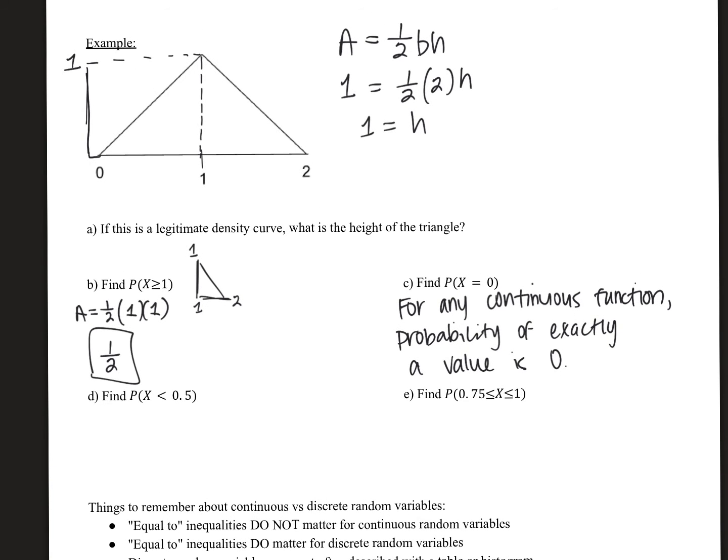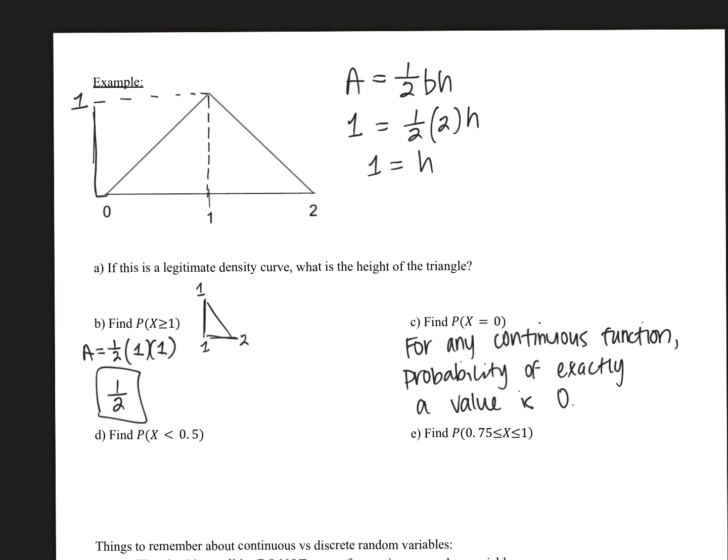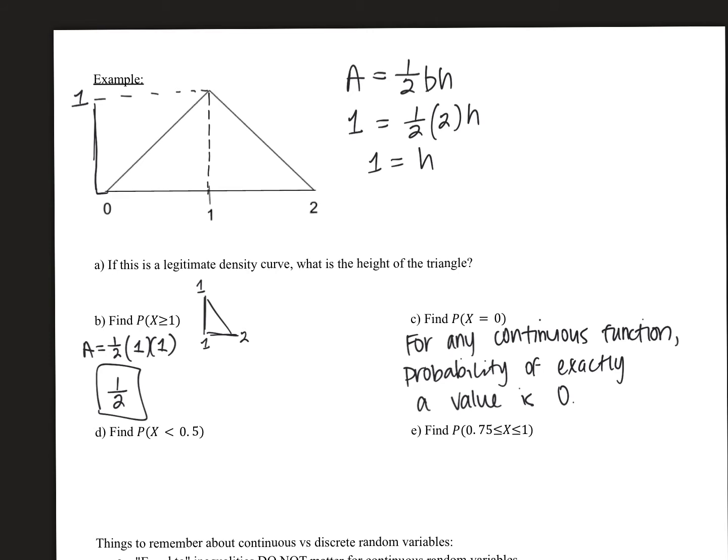Okay. Next, we want to find the probability of x being less than 0.5. So I'm going to go up here in my triangle. I'm going to add 0.5, which goes up and it goes over. So I need to figure out the height here, which is also going to be 0.5.